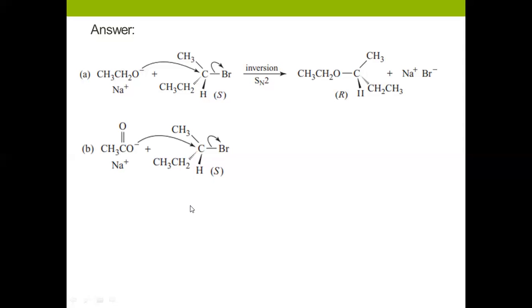Again, I remember some who answered in the exam did not know how to write the S or the R, even if they knew the configuration. Or, for example, when you already write the structure, you have to verify whether the structure you have drawn is really an S configuration.